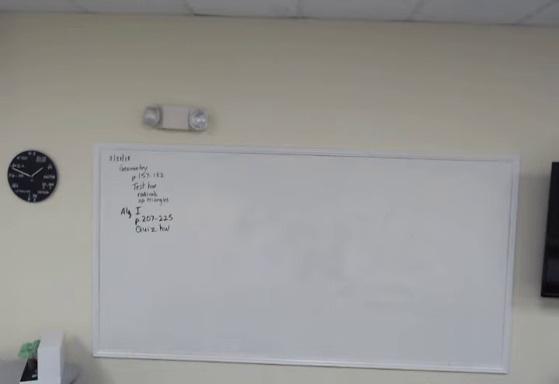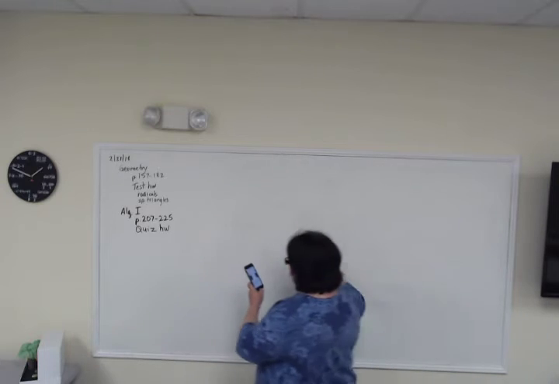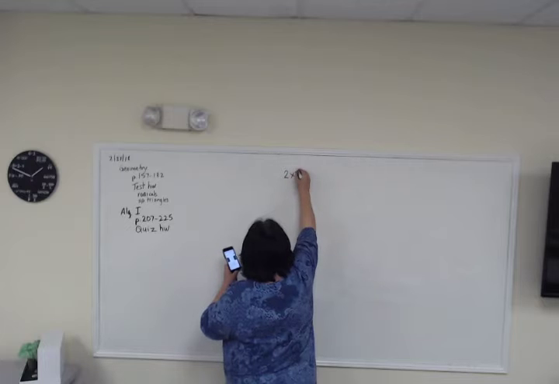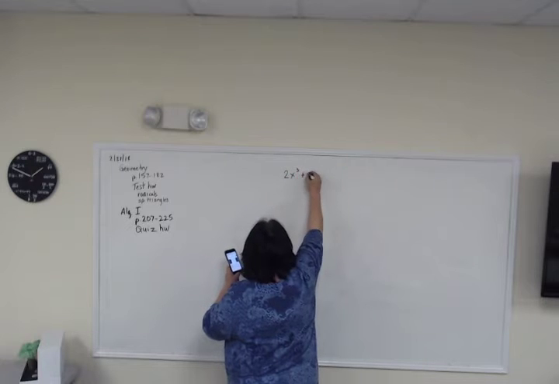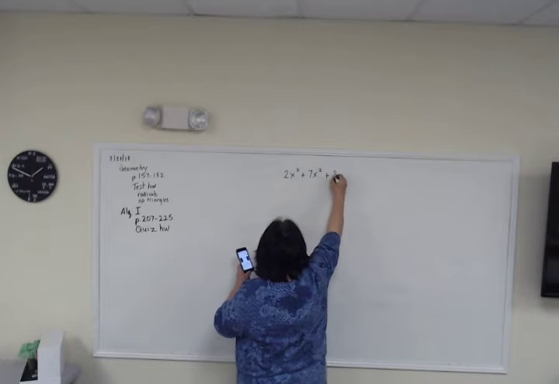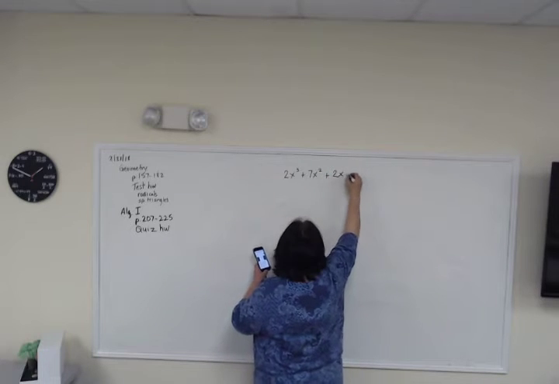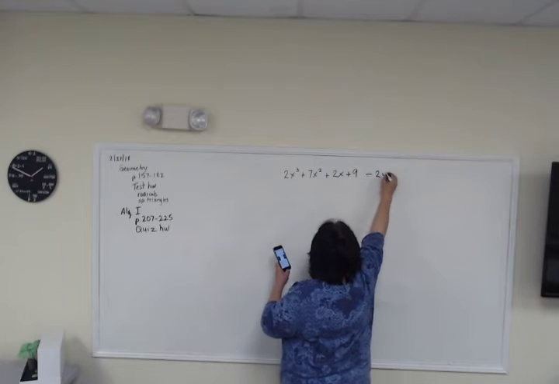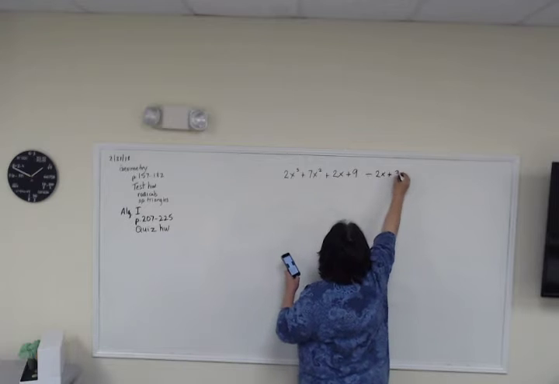Okay, so let's do this one. Take out some paper. We have 2x cubed plus 7x squared plus 2x plus 9 divided by 2x plus 3.